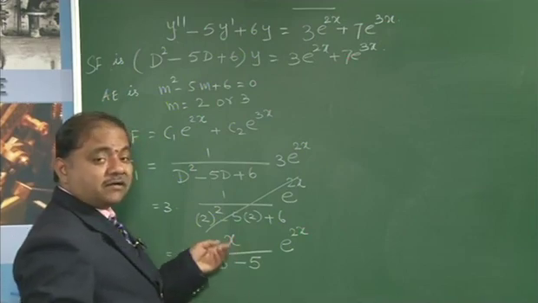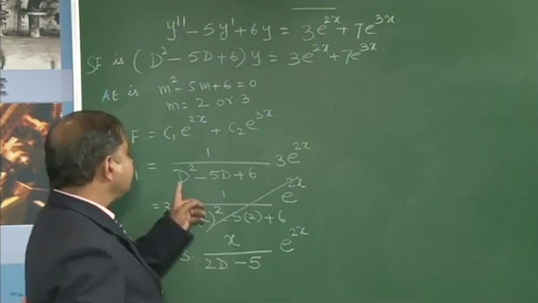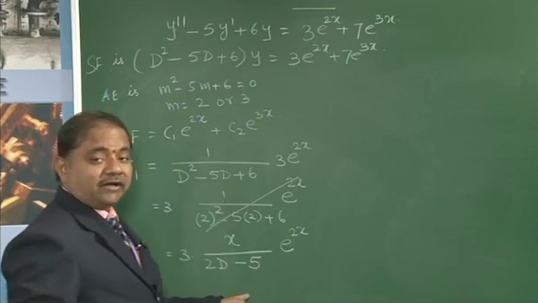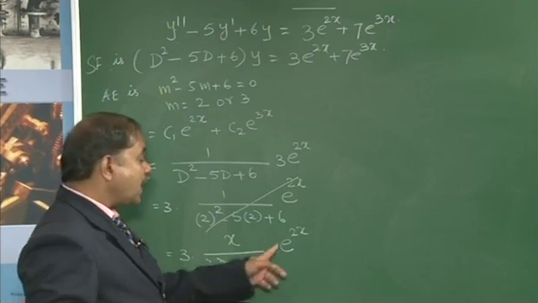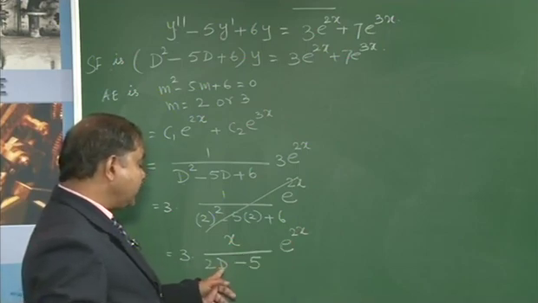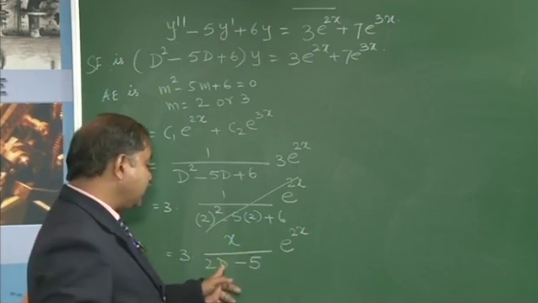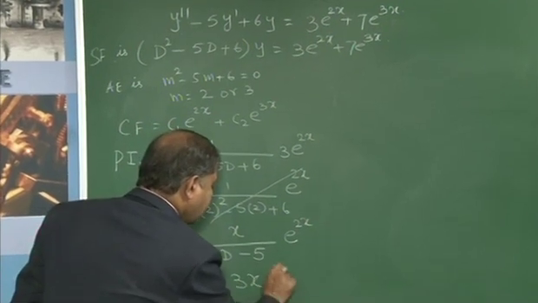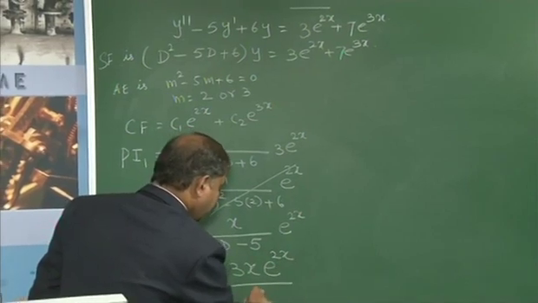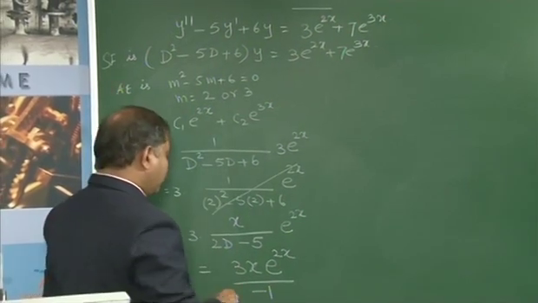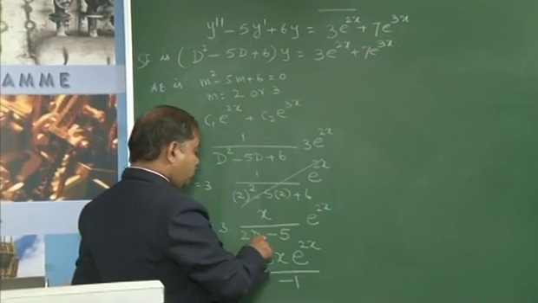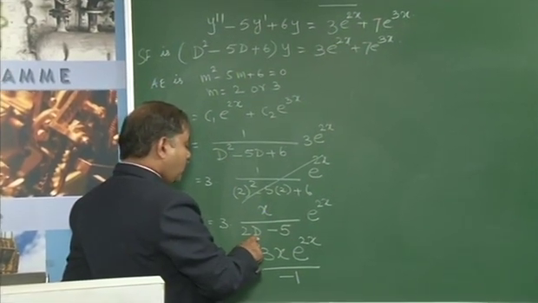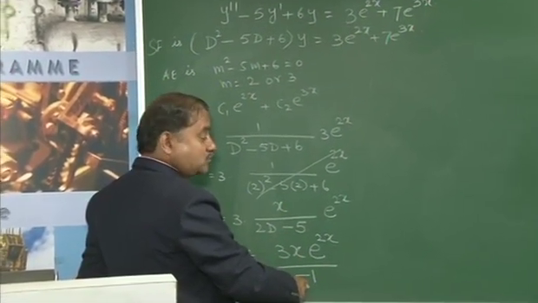Multiply by x, differentiate the denominator, 2d minus 5. Now apply the method, instead of d replace it by a. So the answer will be 3x by minus 1, because in place of d, what I have written now, 2. 2 2s are 4, minus 5, minus 1.